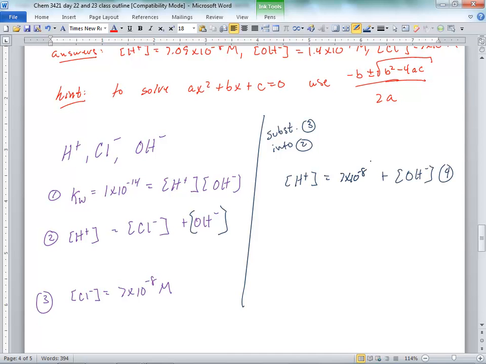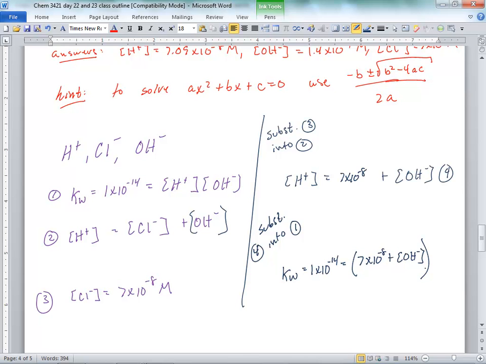So this is already solved for H plus. So let's substitute 4 into 1 because we haven't used that one yet. Okay. So that would end up being KW, which is 1 times 10 to the negative 14, has to equal hydrogen ion, and we said that's this mess: 7 times 10 to the negative 8 plus hydroxide.